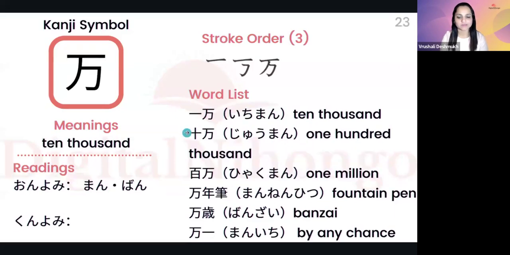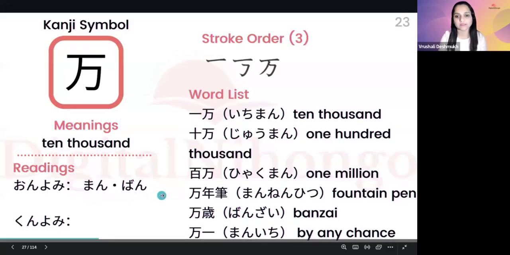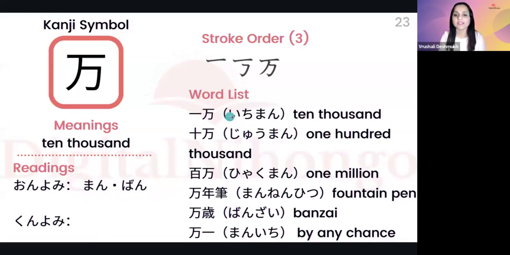Then the next one is 10,000. That is man or ban. Ichiman is 10,000. Juman is 100,000. Even if it is Ju, it is man. Man itself is 10,000, right? So Juman is 10,000 times ten, 100,000.